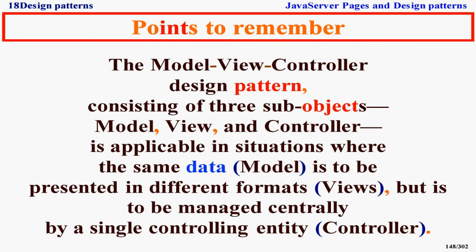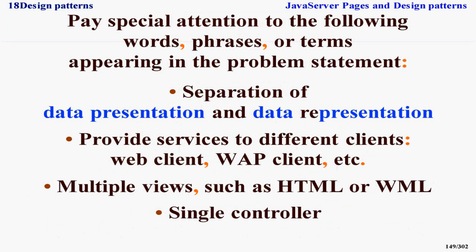Points to remember. The model view controller design pattern, consisting of three sub-objects: model, view, and controller, is applicable in situations where the same data model is to be presented in different formats (views), but is to be managed centrally by a single controlling entity (controller). Pay special attention to the following words, phrases, or terms appearing in the problem statement.